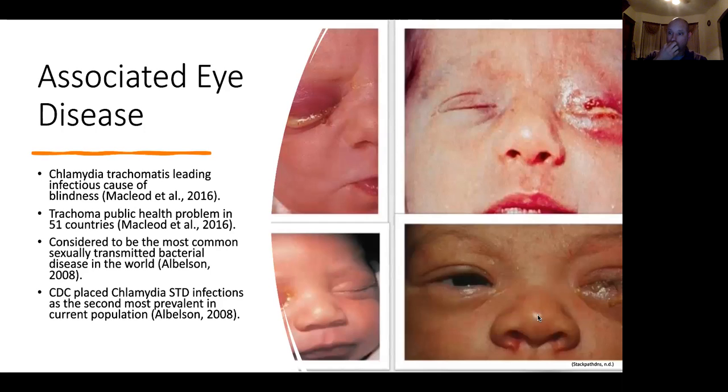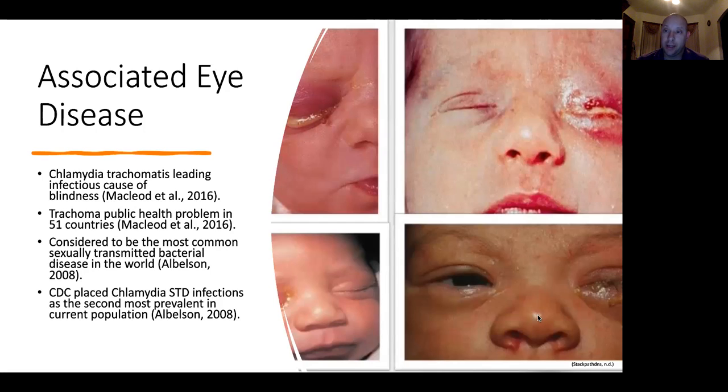As you can see, Chlamydia trachomatis can be very devastating to young children and to many people around the world as an STD. But also just think about this: when a female is pregnant and has an infection with this STD, once she gives birth, she could pass it on to her newborn.